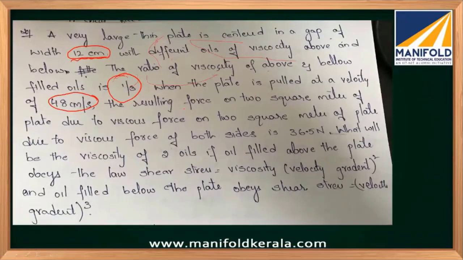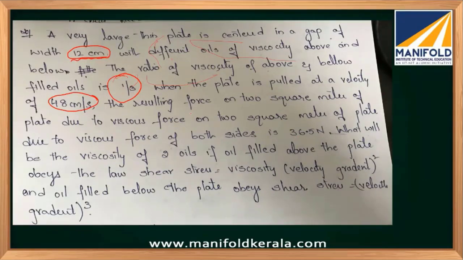The resulting force on 2 square meters of the plate due to viscous force on both sides is 36.5. I guess this is double time printed. There is a small error in this question.